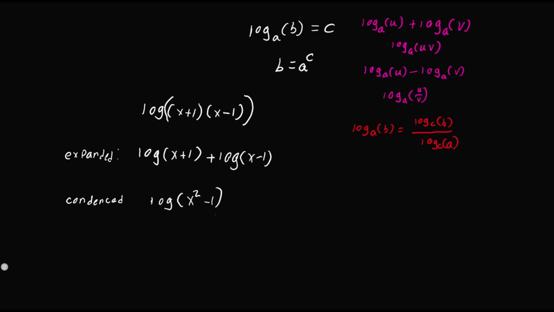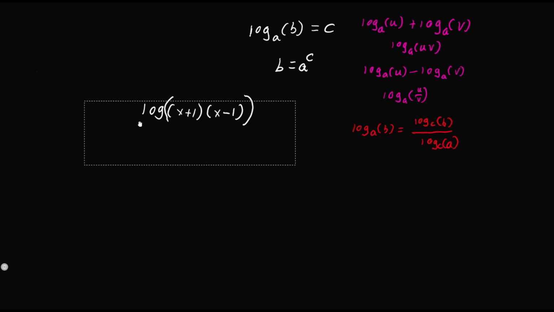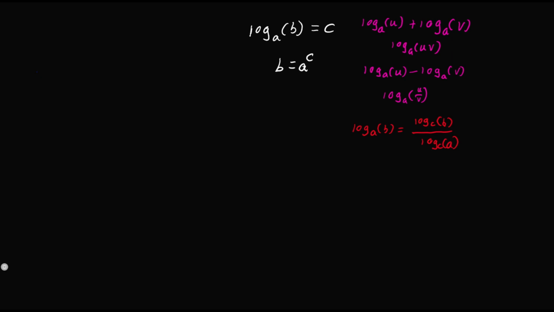All we're doing is multiplying x and x with negative 1 and 1, and x and 1 with negative x, since that's what we're doing for the distributive property. And that is all we have to do to condense the logarithm to make it simpler and easier to solve. So that is one example.